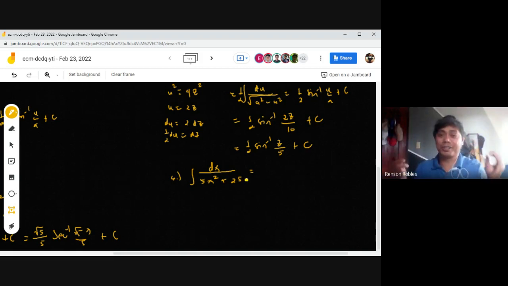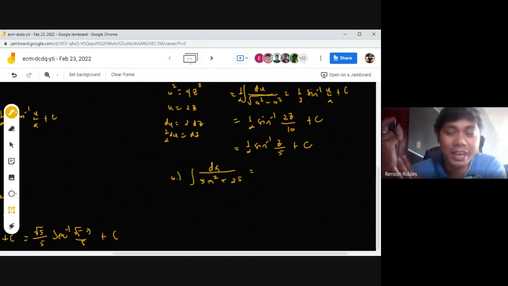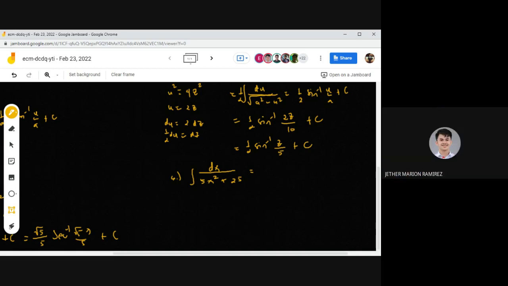I'm just trying to identify whether you can easily figure out which one is the u, which one is the a, and then how it is written in the formula. Sir Ramirez: Sir, 1 over square root of 5 arctan of square root of 5x over 5 plus c, sir.